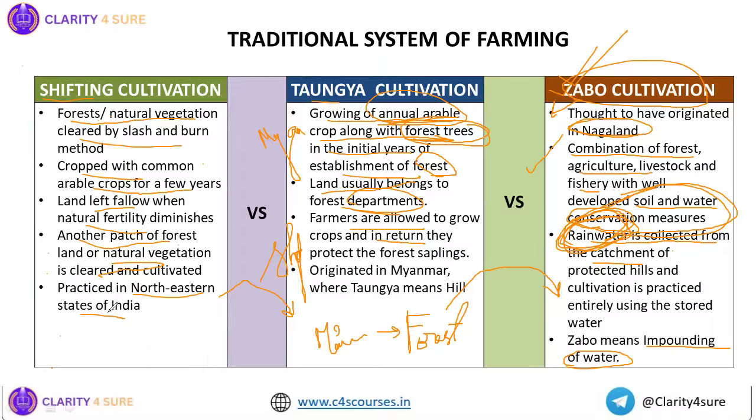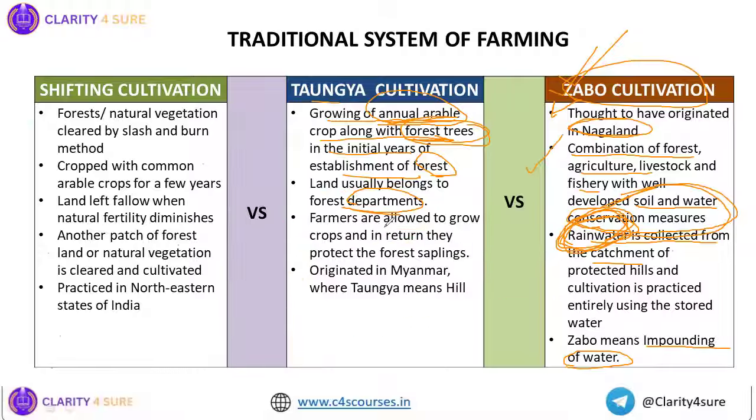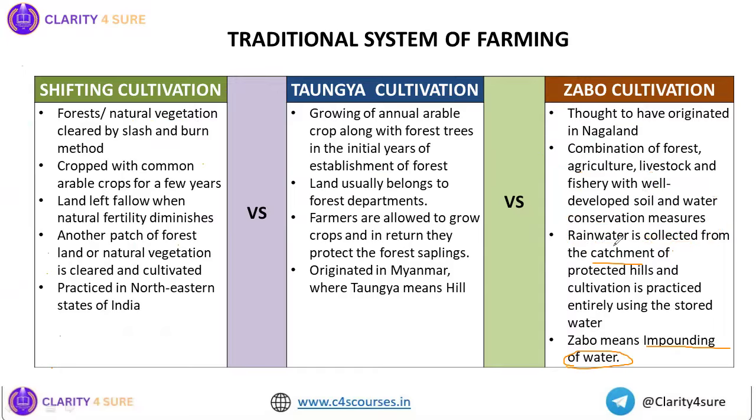First is shifting cultivation, mainly practiced in the northeastern region of India, isn't it? Shifting cultivation is also known as jhum cultivation. Here, first a patch of forest is cleared by the slash and burn method, and then arable crops will be grown there for a few years, until the natural fertility of the soil diminishes.